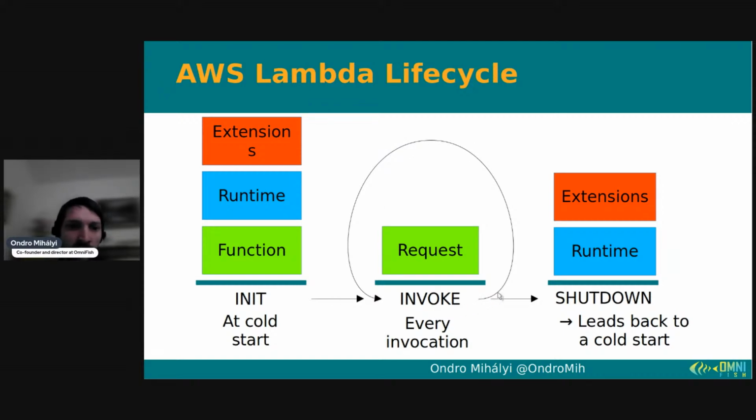It only happens when after some time the function is not used. But if there are requests or events coming to this function, it stays in this invoke state and processes requests without the cold start. This is usually in milliseconds. It's very fast because it's just like when you execute a method from your code.